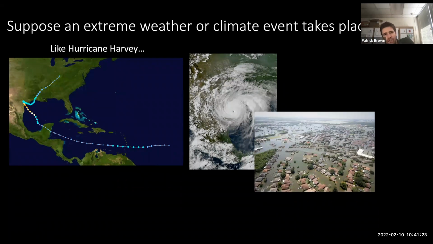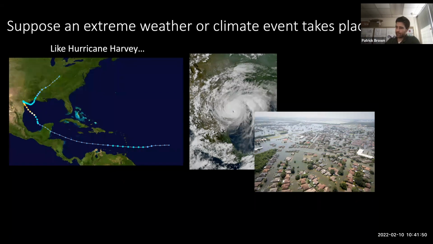Because it just sat there, it dumped record amounts of rainfall and caused devastating flooding in Houston. Some locations got like 60 inches of rain that week, which to give you context, San Jose gets like 18 inches of rain a year. So it's like 3 times the total amount of rain in San Jose in a week. It cost like $100 billion in damage, so a highly impactful event.